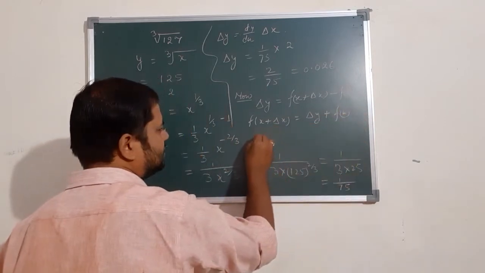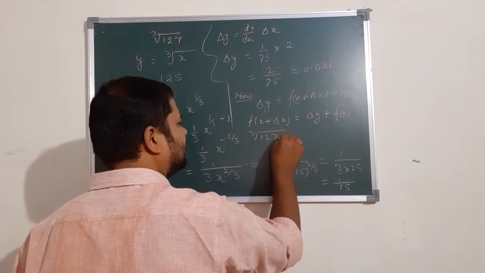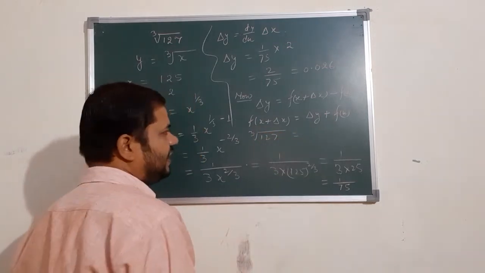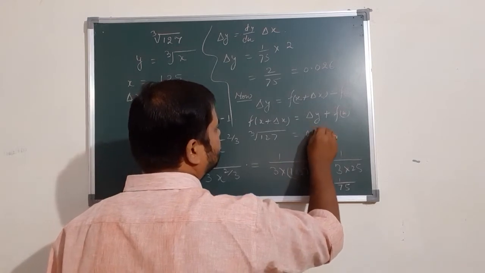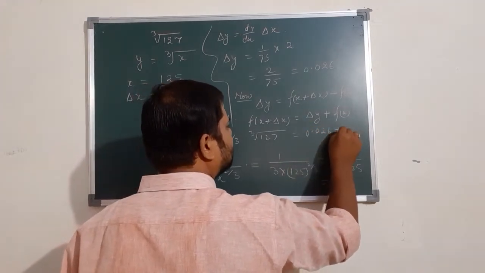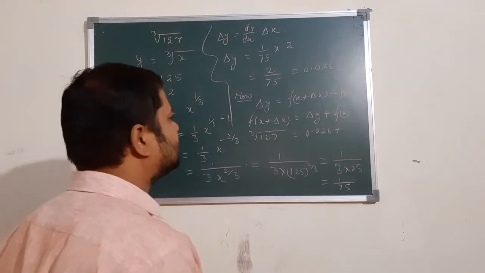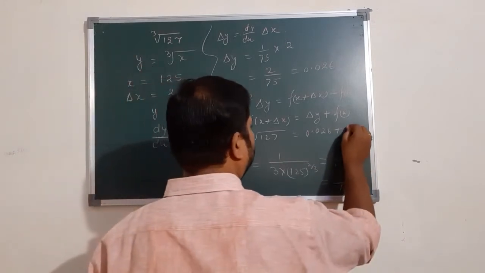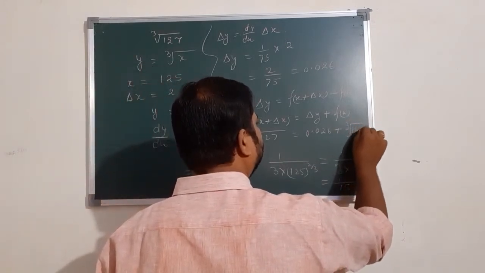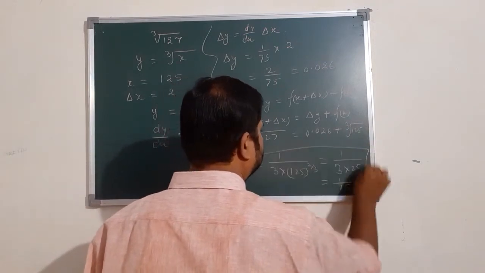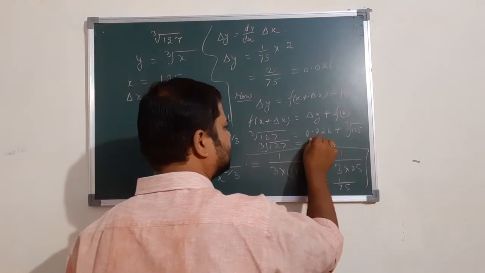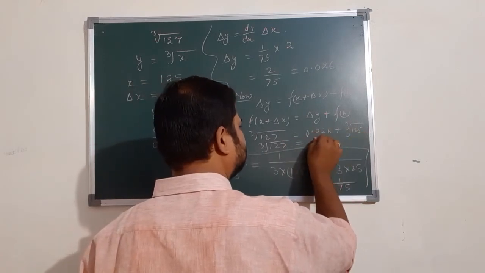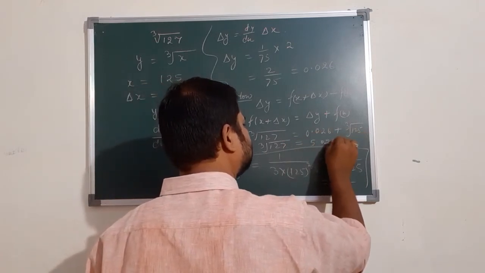So you know this is cube root of 127, and delta y is 0.026, plus f(x), that means cube root of 125. So this is nothing but cube root of 127. This is 5, this is 0.026, so 5.026.